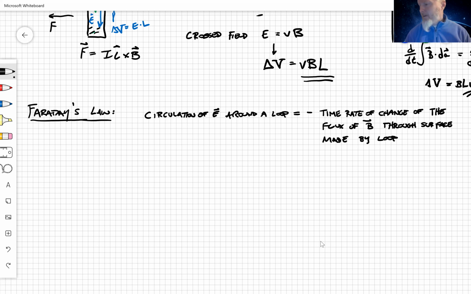In other words, the circulation of E around a loop.